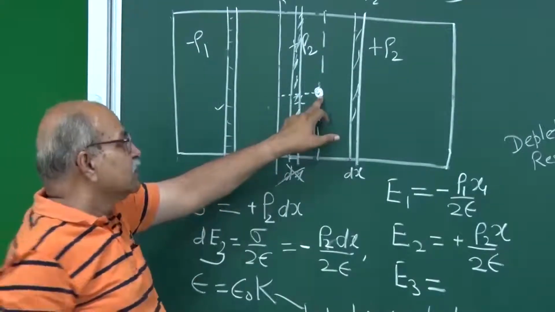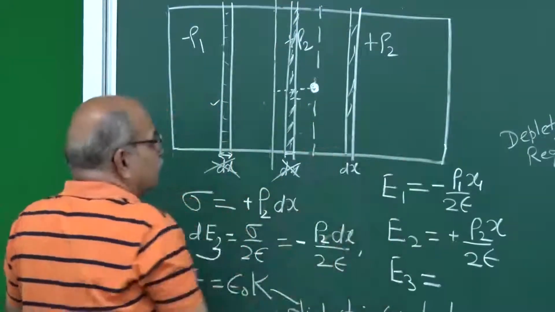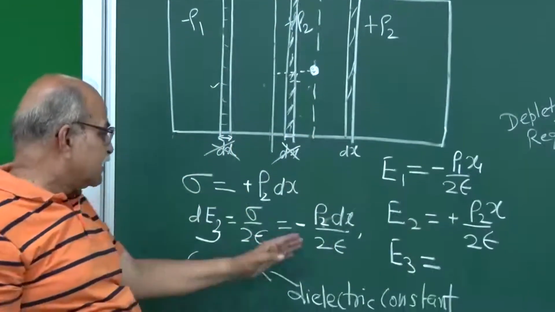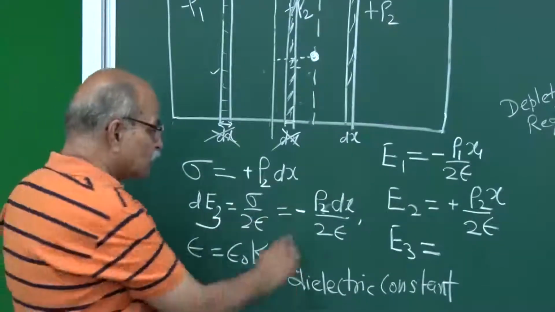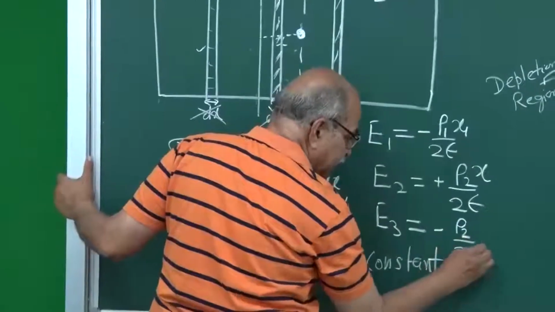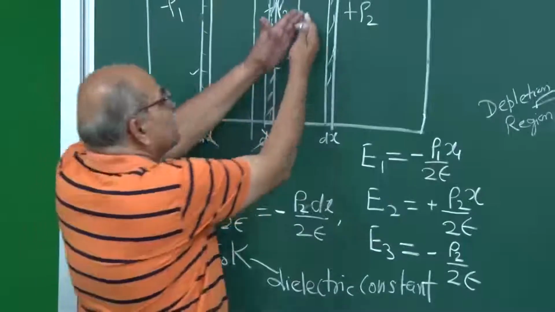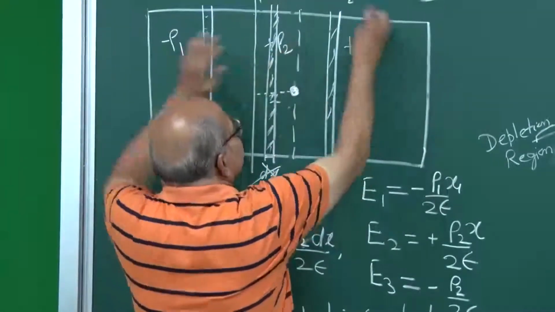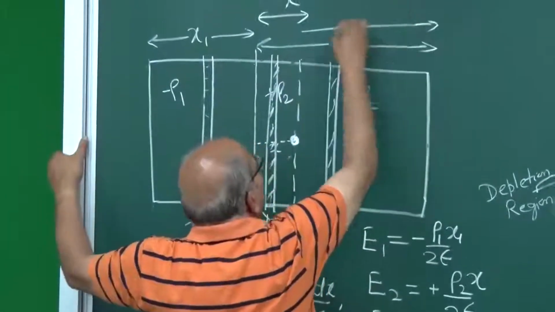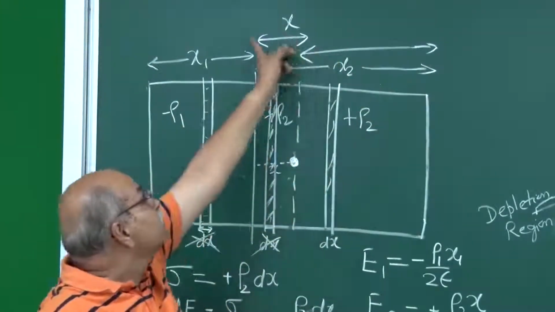So the third part is the electric field due to this much, and when you integrate this, you will have minus rho 2 over 2 epsilon, and then this dx. Now dx, when you integrate, you get this length. And how much is this length? This length is x2 minus x.